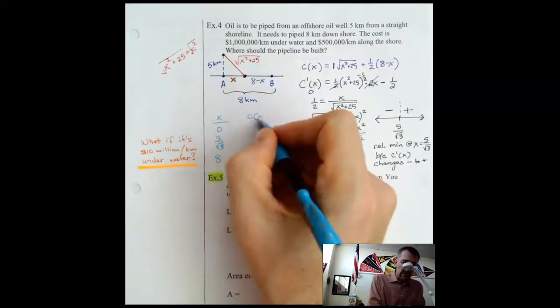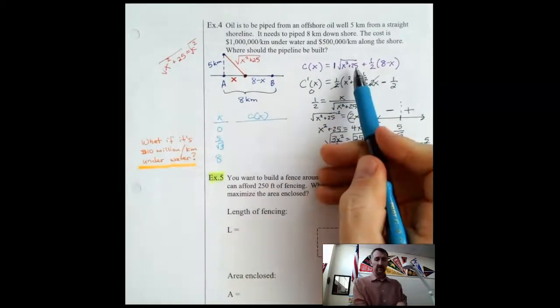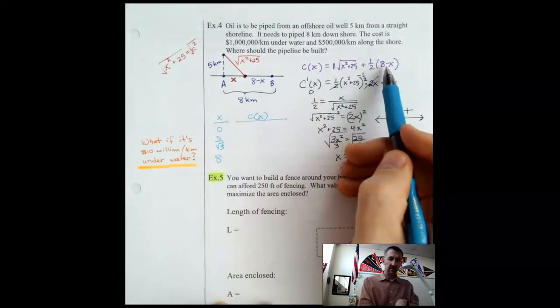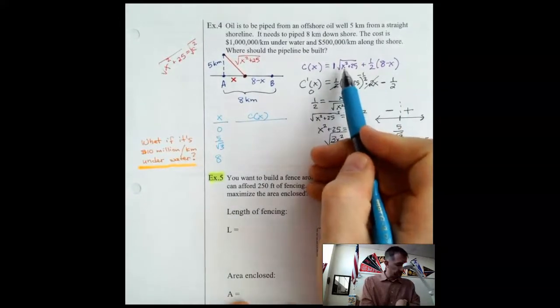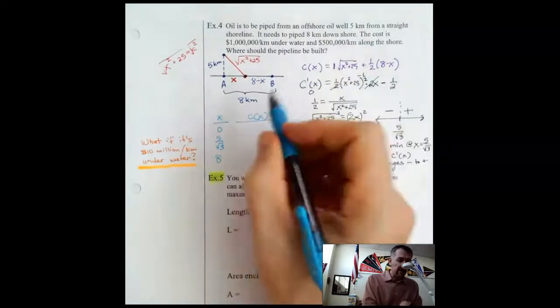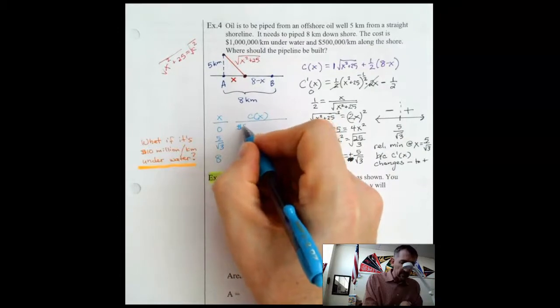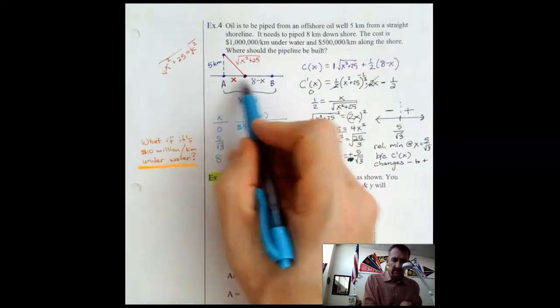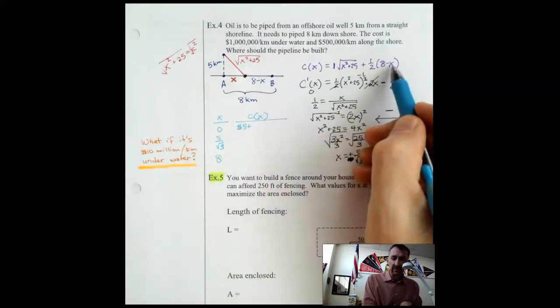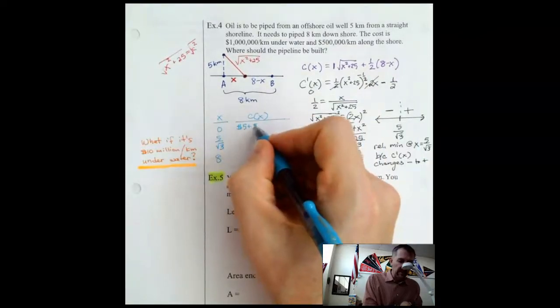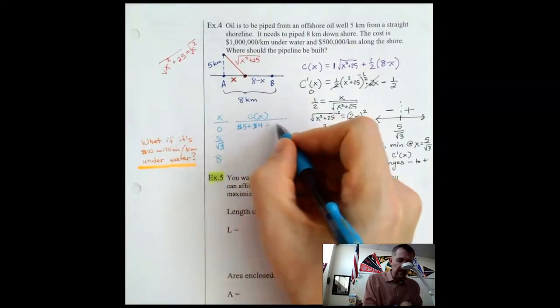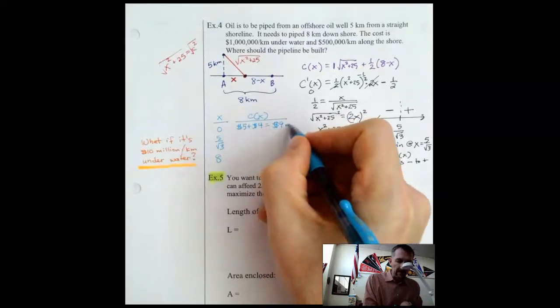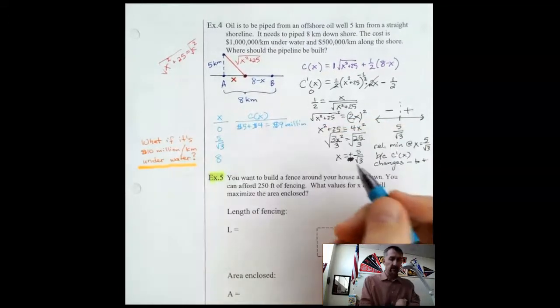So if we look at the cost, when we plug 0 in for x, then this would be 5, so that would be 5 million, plus, and 0 here, so that would be 4. So 5 million plus 4 million, that would be $9 million if we built it that way.